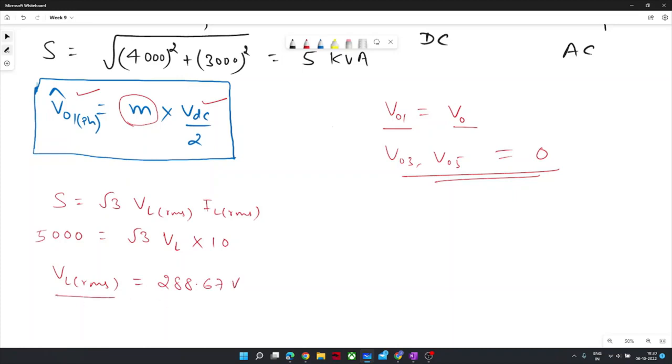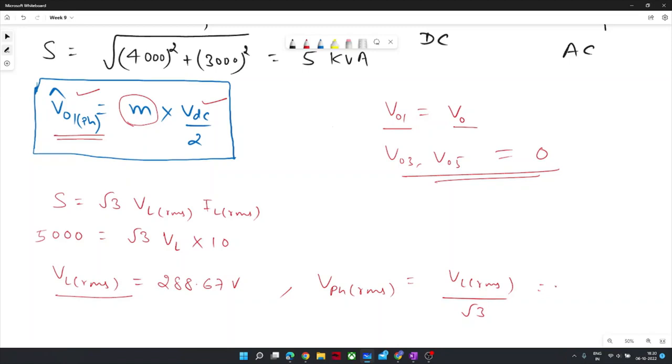Okay, so we computed the line value of the RMS voltage of the grid side, and once it is computed, now we need to find out the phase value and peak. So V phase RMS would be equal to VL RMS by root 3.